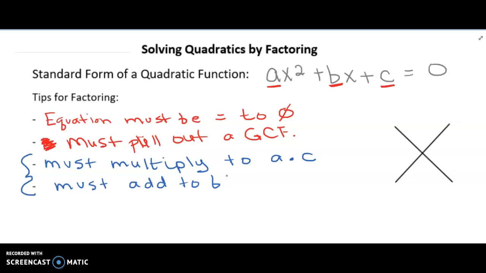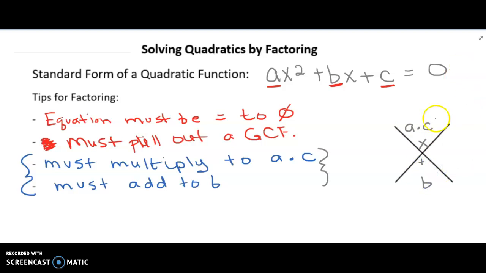Now I don't tell you a lot in this class that you have to memorize something, but these you do just have to memorize. So two numbers have to multiply to a times c, and they have to add to b.